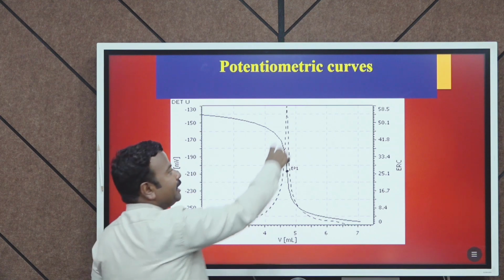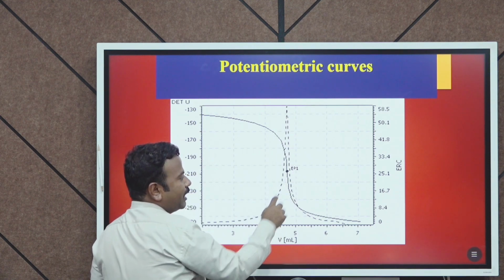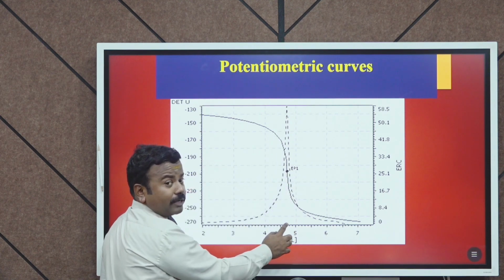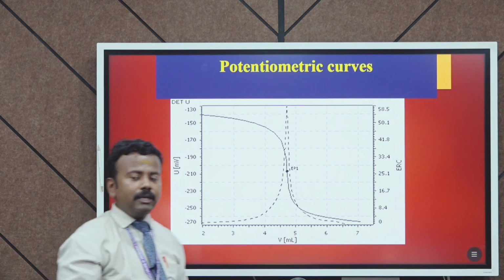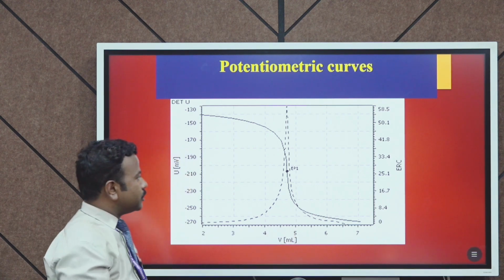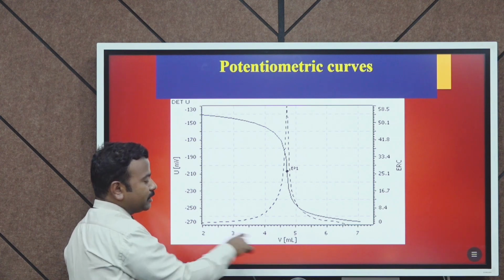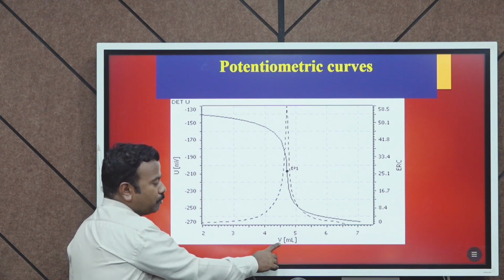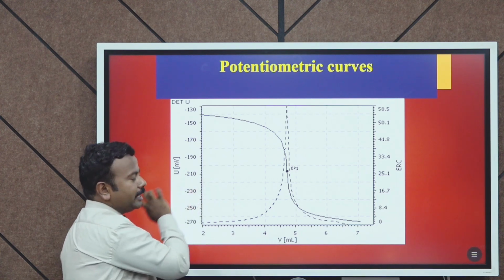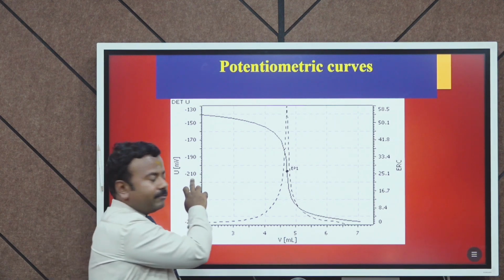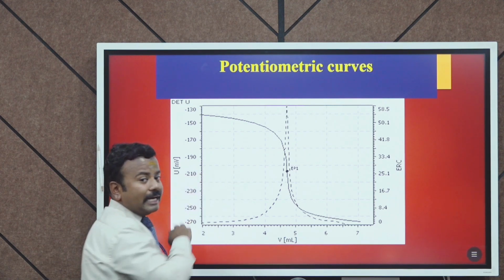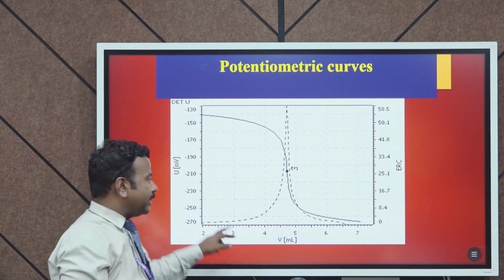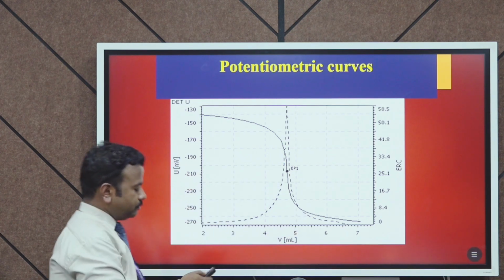So we have to draw a graph to get the equivalence point, which gives the unknown concentration of the solution. This graph is plotted as volume of the solution versus EMF. Then we draw another graph, volume of the solution versus delta E divided by delta V, and we get the curve.